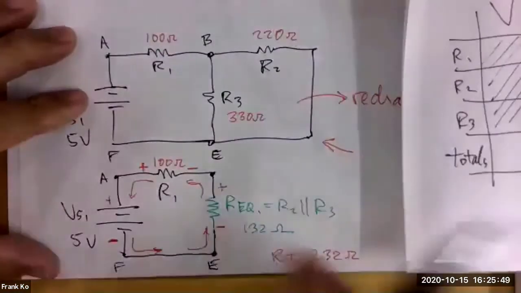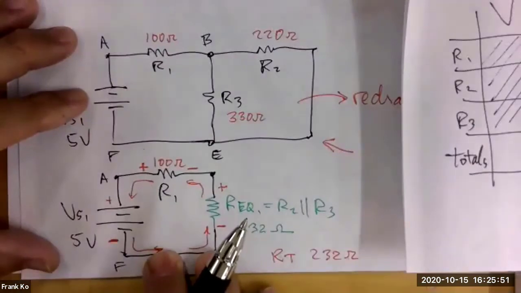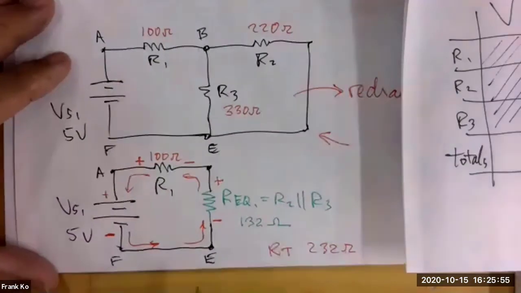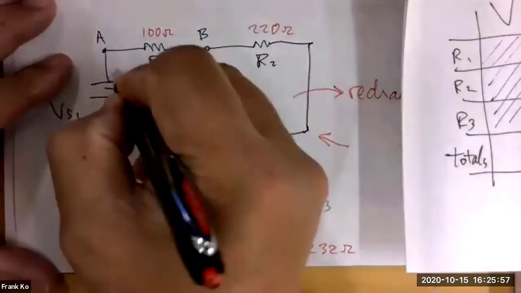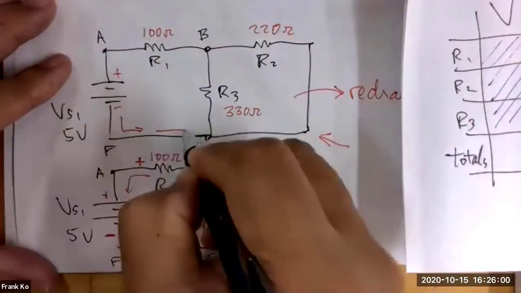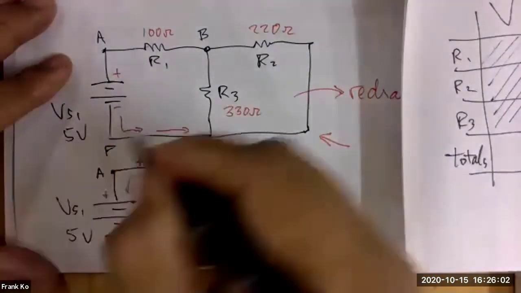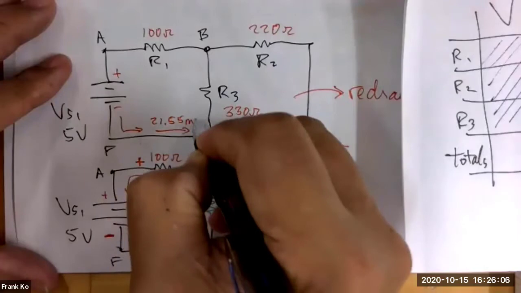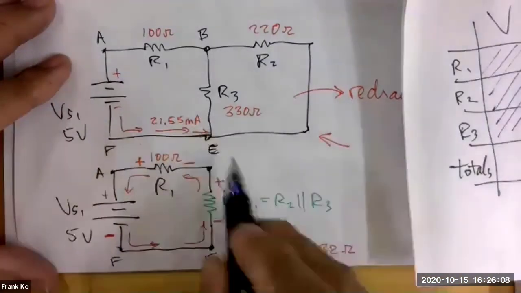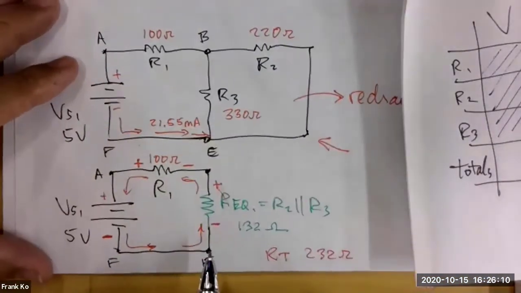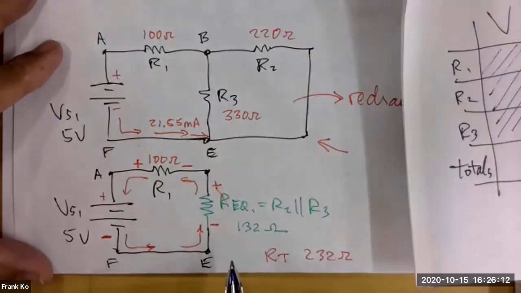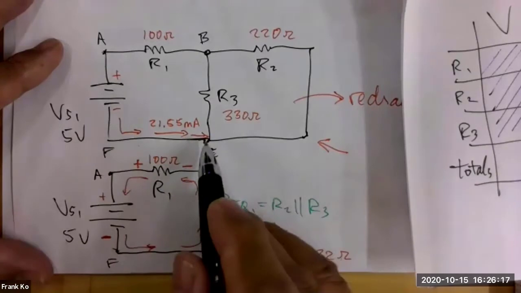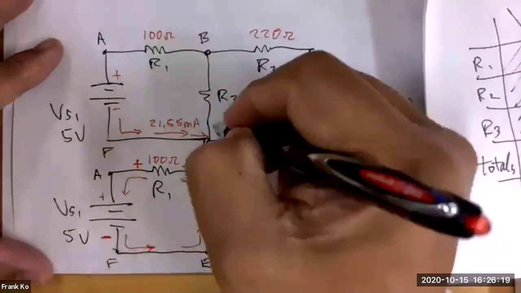So that means we have to take this information that we've just calculated and now bring it back upstairs to our circuit. So negative, positive, and the current that flows out here is our 21.55 milliamps. What happens at node E, Yusuf? What happens when the current, when total flow, it divides, it splits?